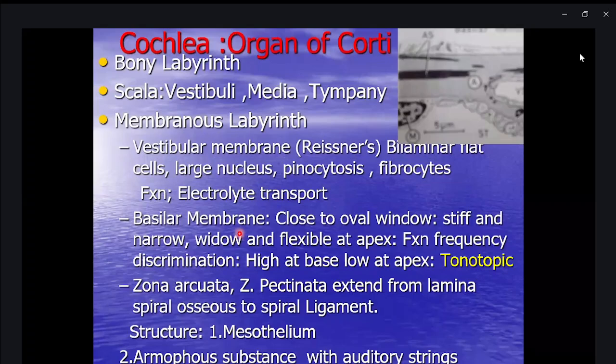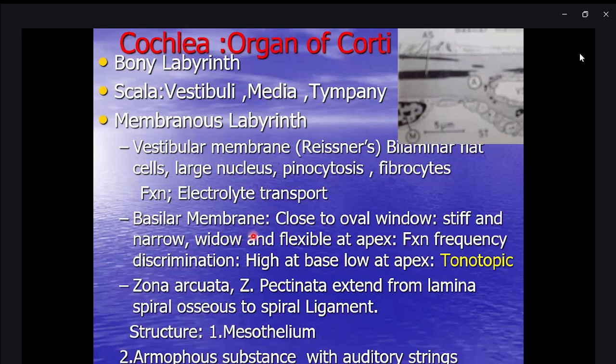And then as you move towards the apex of the basilar membrane, it becomes thicker, wider, and also more flexible. Because of that, the basilar membrane will be able to analyze and detect different frequencies.